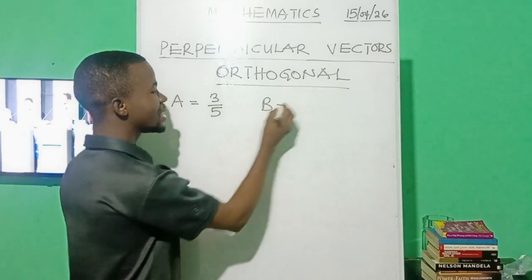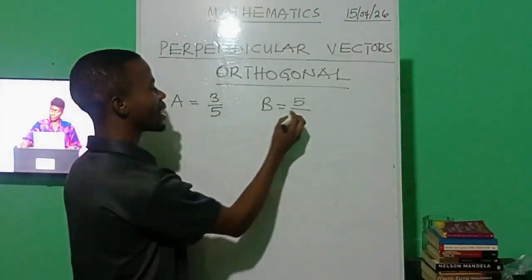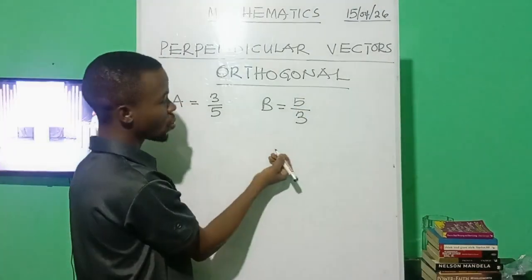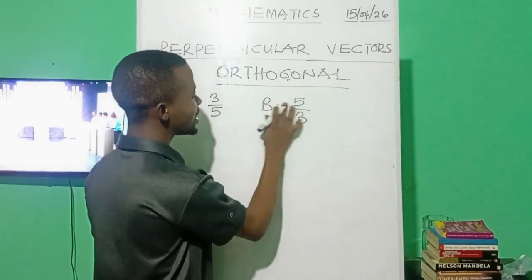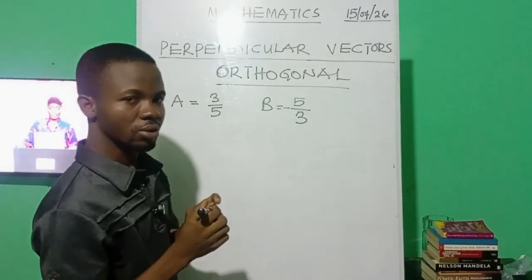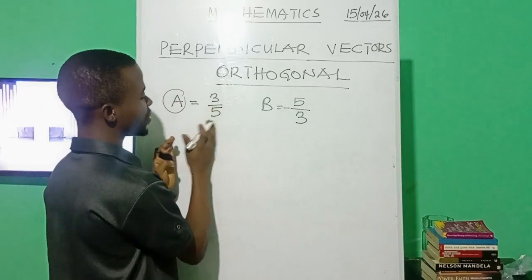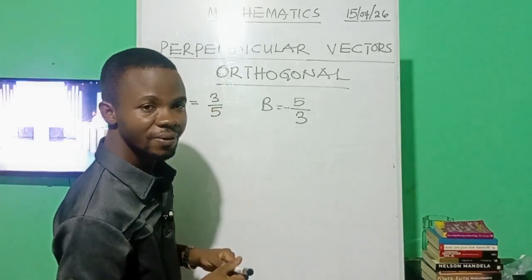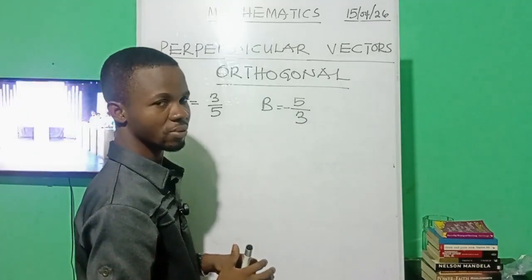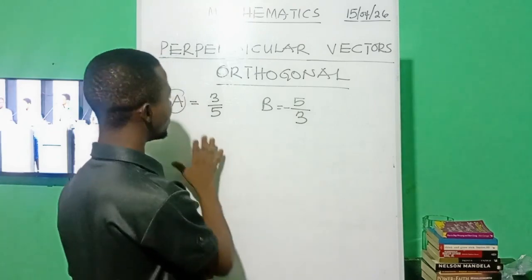The denominator comes up and the numerator comes down, which is 3. After that, you add negative to it. So the gradient of the first vector, 3 over 5, is the negative reciprocal of the second one, and the second is the negative reciprocal of the first.